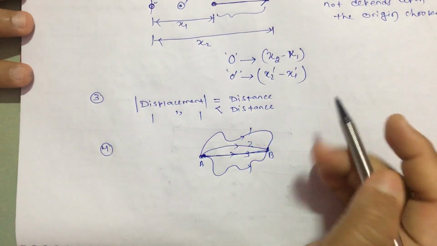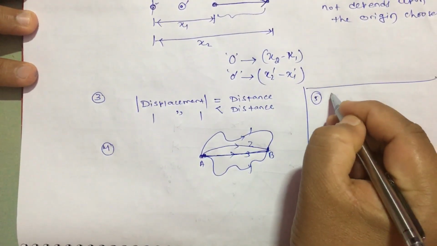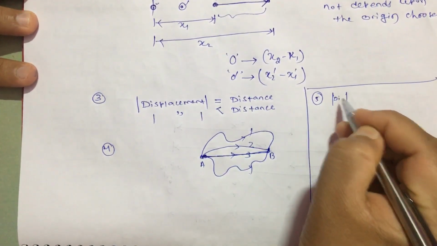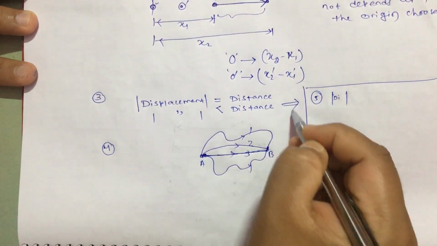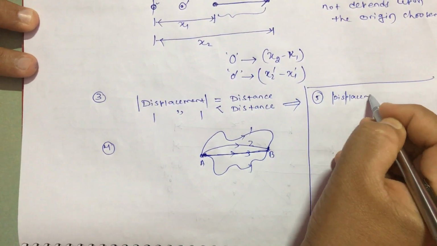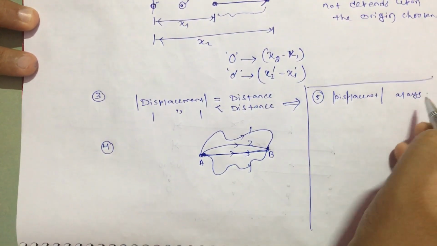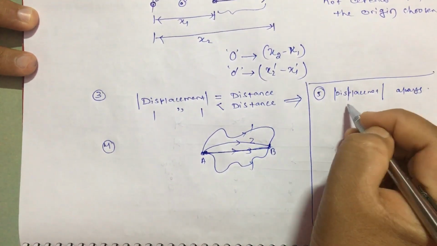Now, the next question: is the magnitude of displacement, this same point in a different way, always equal to distance?